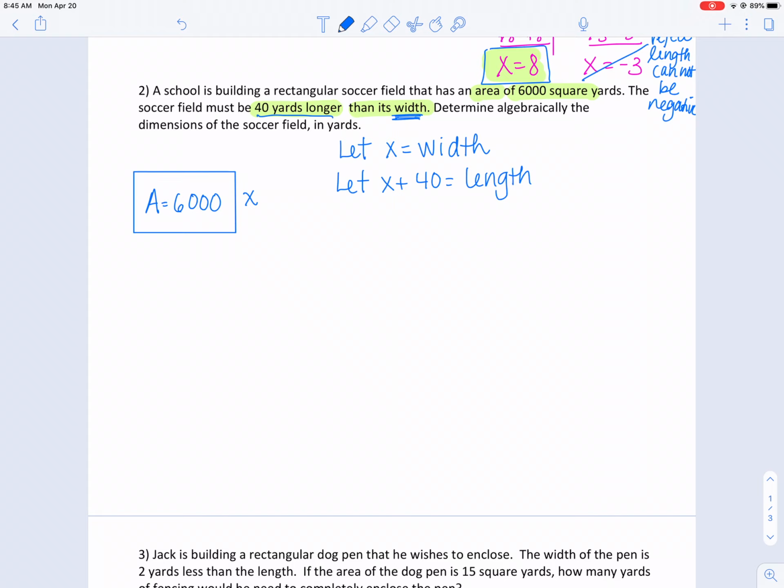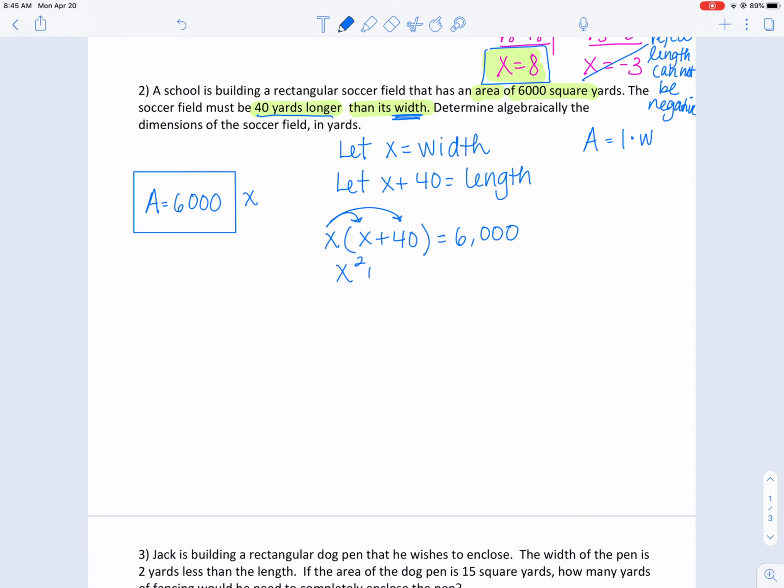Well, once again, if we're talking about a rectangle, your area is length times width, right? And again, the order doesn't matter. If I know that my width times my length equals my area of 6,000, I'm just going to distribute because now we're going to try to solve for x, the width.